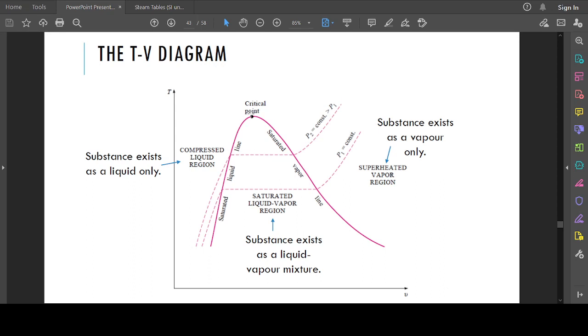Now, in the region below the critical point, which is the point at which saturated liquid converts to saturated vapor, exists a saturated liquid-vapor region. This is where the substance exists as both liquid and vapor mixture. This explanation is very important because it explains how the steam table will be used.